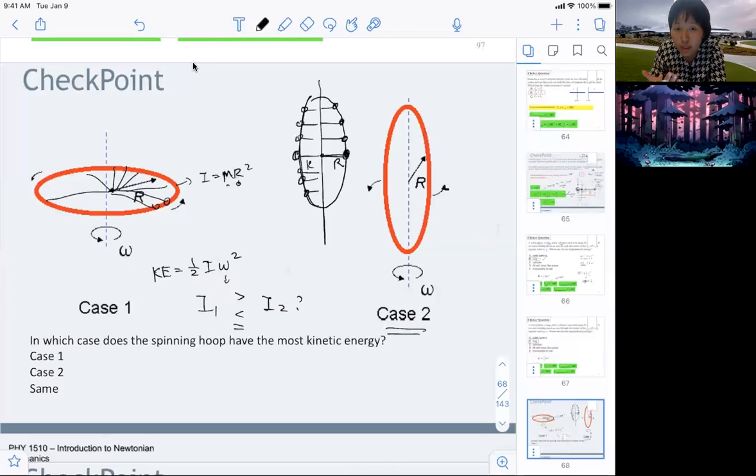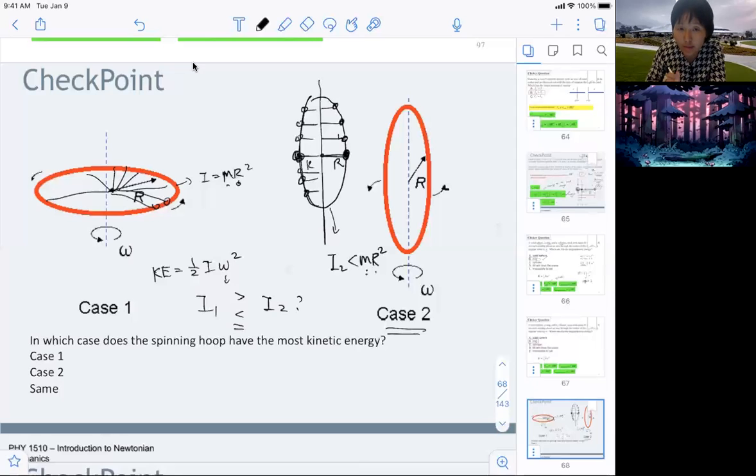So when you add them up, and if you are able to find the rotational inertia, you know that it's going to be smaller than mr squared. Mr squared is when all the masses are at a distance r away. Right now, most of the masses are at a distance that's less than r, right?